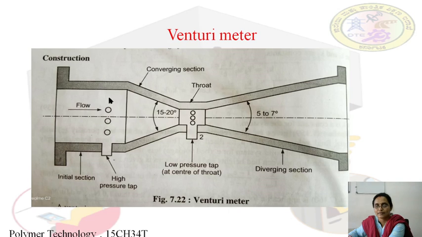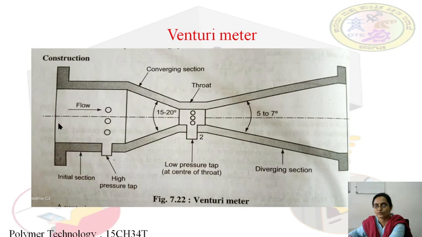Then there is a high pressure tap, then a converging section at an angle of 15 to 20 degrees, and the throat, where the low pressure tap is placed. A manometer is placed to find the pressure difference, the pressure head. Then there is a diverging section.